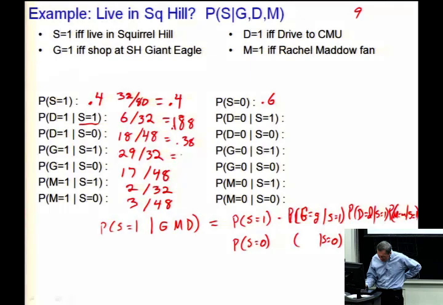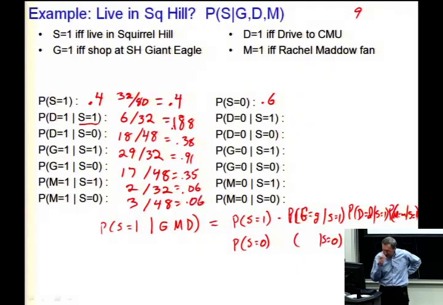And this one? 0.91. And this one? 0.35. 0.06. 06? Yep. And the rest of this 0.06 as well. Okay, good. Apparently Rachel Maddow is not a discriminating feature.